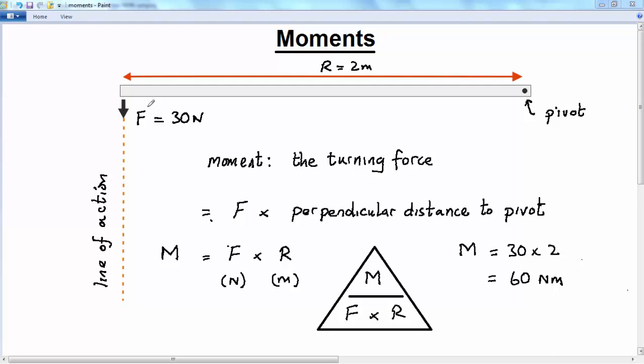So in this particular case, with the force acting downwards, we've got an anti-clockwise moment produced. So we should specify in this particular example that we have an anti-clockwise moment of 60 newton meters. If the force were acting in the opposite direction, then it would produce a clockwise moment.